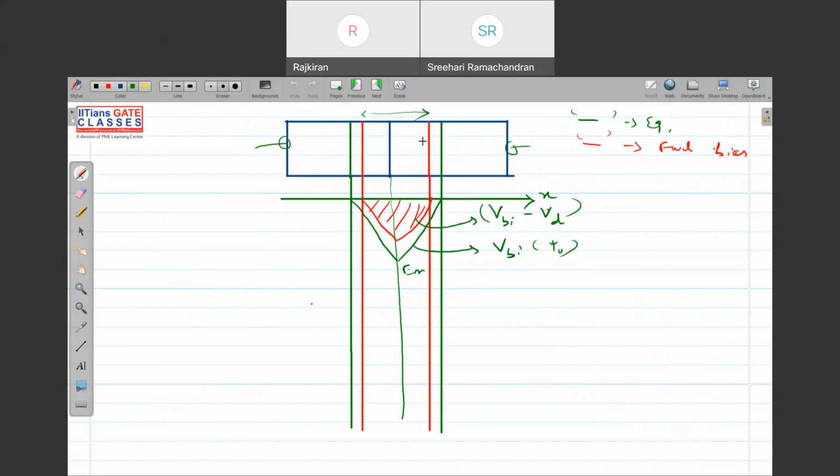Suppose I want to draw the hole concentration in a log scale. This is P plus and this is N. In the P side, this is my hole concentration, PP0.